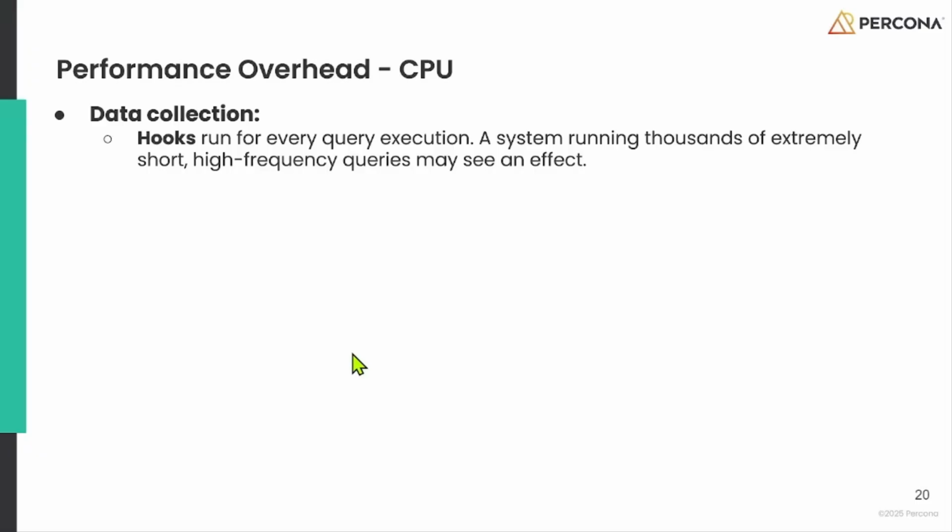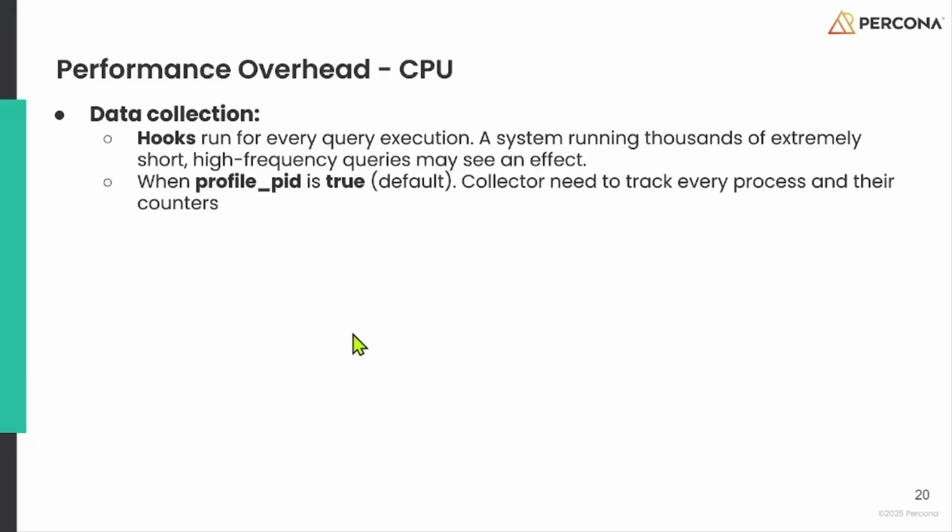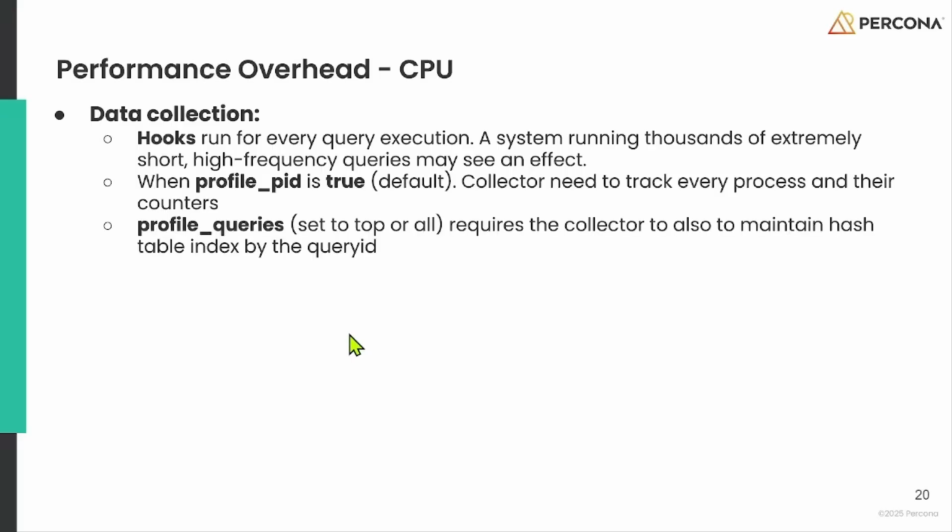A system running thousands of extremely short but high frequency queries may see an effect. When profile PID is set to true, which is the default, the collector needs to track every process and their counters. And when profile queries is set to top or all, the default being top, it requires the collector also to maintain the hash table indexed by query ID.